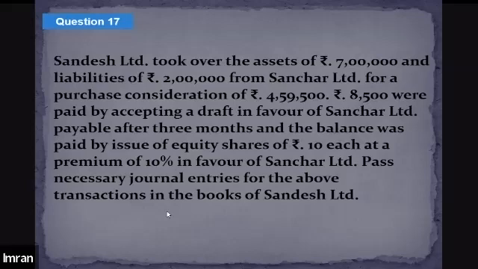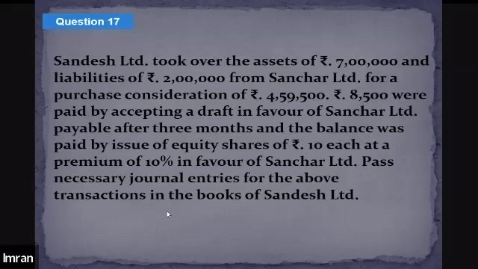let me read this question for you. This question says that Sandesh Limited took over the asset of 7 lakh and liabilities of 2 lakh from Sanchar Limited. So in this question, the name of the asset and liability is not given. So we will presume that Sandesh is taking over the entire asset and liability of Sanchar Limited. So this is basically a case of purchase of business for a purchase consideration of 4,59,500.